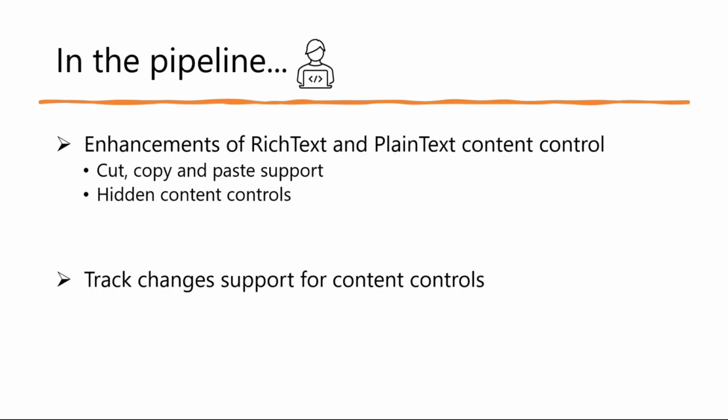Some of the next big things that are coming are support for cut, copy, and paste operations, and then support for hidden content controls. And one of the larger additional items that's also in the pipeline is support for track changes for content controls.